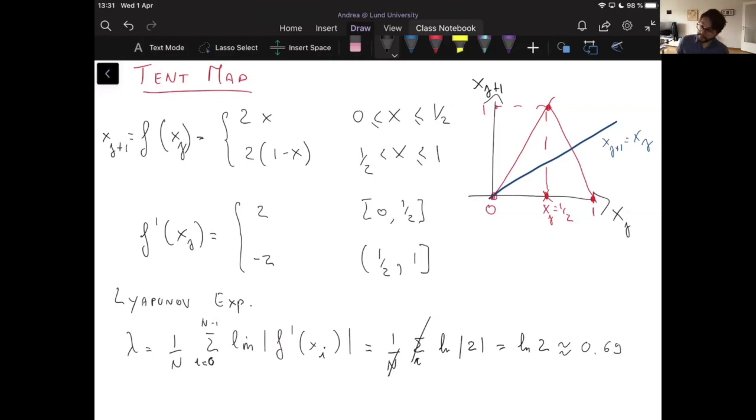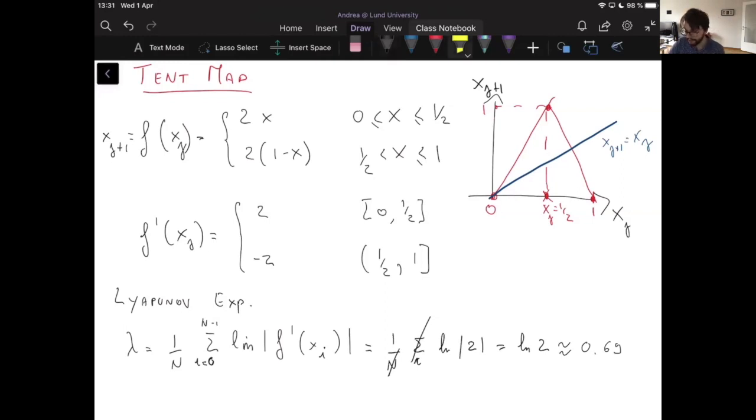So this extremely simple map has a positive Lyapunov exponent and non-periodic behavior, although it has some periodic solutions. In particular, you can see one periodic, or semi-periodic, trajectory.